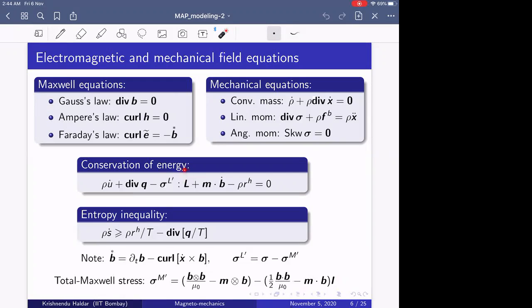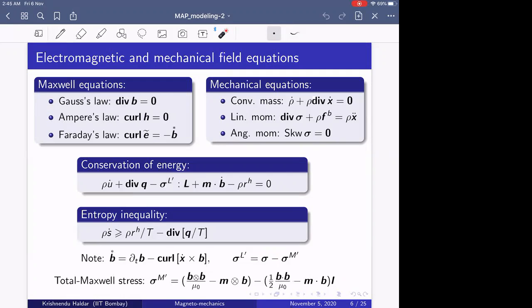So the work conjugate is like the Cauchy stress. In this coupled problem, you do not distinguish whether this is purely elastic, purely viscoelastic, or purely magnetic. It is the total effect, the overall effect of the system, the way it behaves.